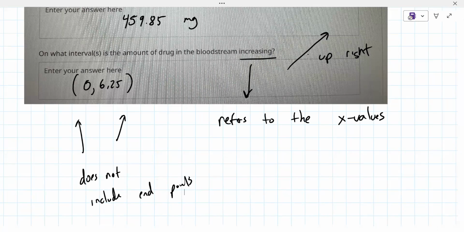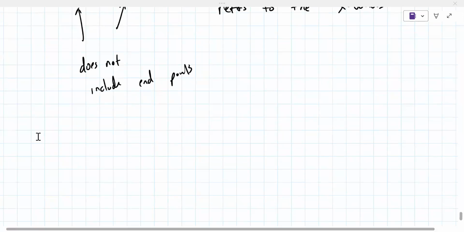All right, so that is everything for that question. Is there a part C to that? The next part is where is it decreasing? Decreasing means it's going down and to the right.